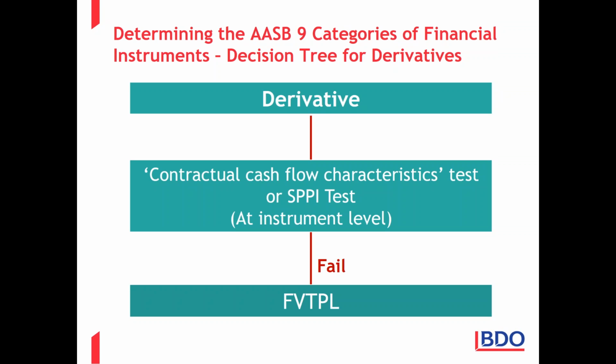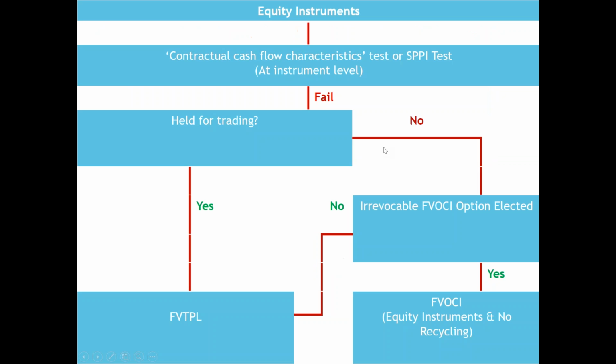Now, the interesting thing is a derivative will always fail that test, and therefore all derivatives will always be accounted for at fair value through profit and loss. And you will remember that in the current AASB 139, derivatives will be at fair value through profit and loss. So this is not a change at all, but important to note. If we go on to the next decision tree, now this decision tree is for equity instruments.